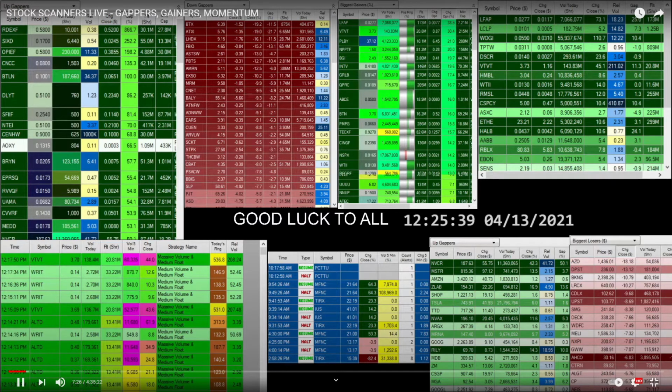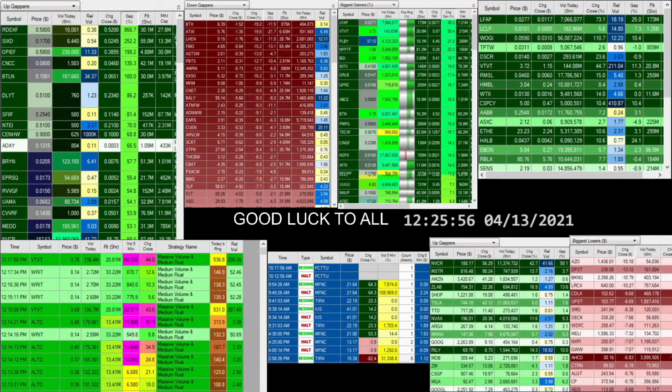But what the VWAP hold scanner does is it tracks stocks that are holding VWAP for the day, and at the top are the ones that are highest above VWAP. So this is a good scanner for just seeing which stocks are holding their gains and which stocks could be good picks for spikes in the afternoon, breakouts, maybe power hour momentum. So those are all the scanners I have.